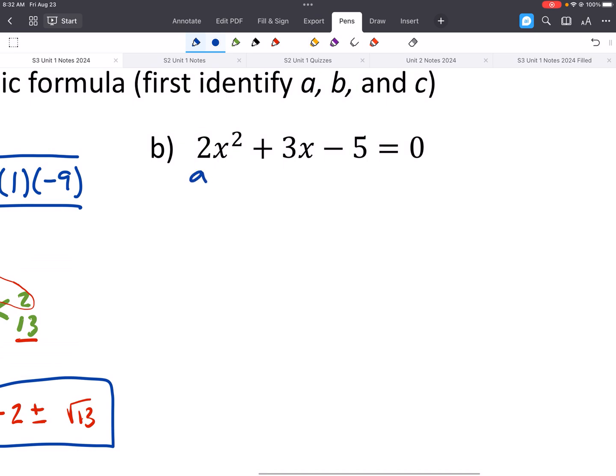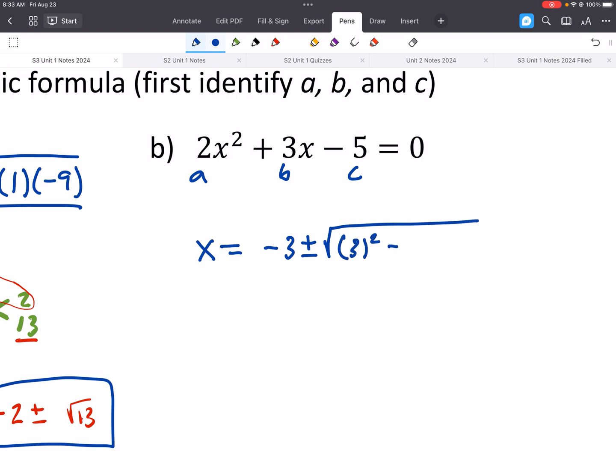All right, let's try another one. So here we have A is 2, B is 3, and C is 5. And we are going to substitute that in. So x equals -3 plus or minus the square root of 3 squared minus 4ac, all over 2 times a.